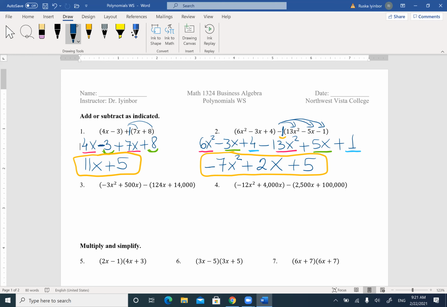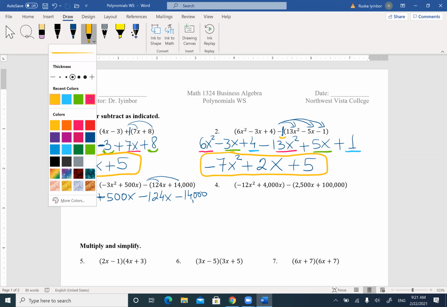So the first set of parentheses, the first polynomial, is going to be the same. So I'm going to copy that, negative 3x squared plus 500x. And then distribute the negative. So it's going to change to negative 124x and negative 14,000. So from here again, we're going to combine the like terms.